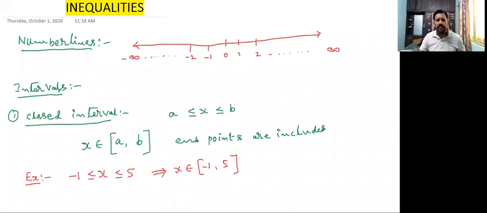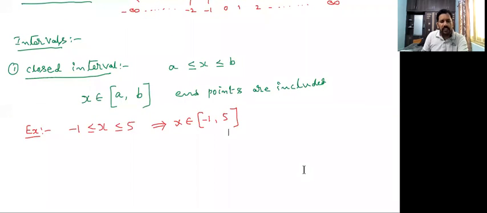Those are real numbers, not only integers. Okay, students, have you understood? A closed interval means we write in square brackets and the end points are included.